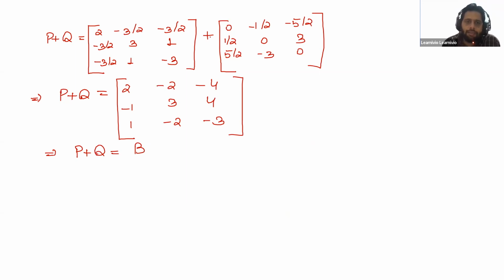So P is a symmetric matrix, Q is a skew symmetric matrix.